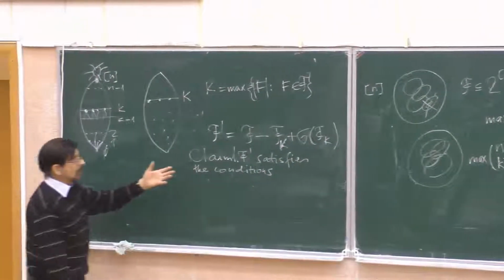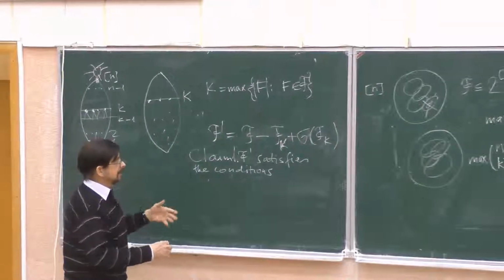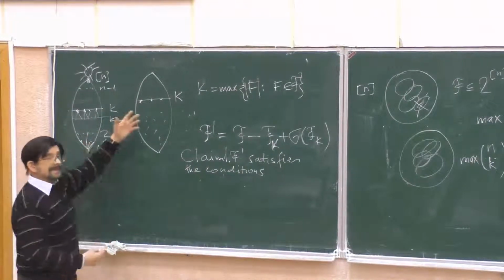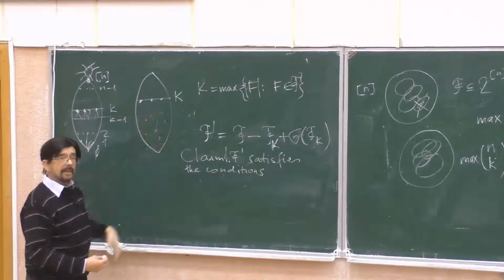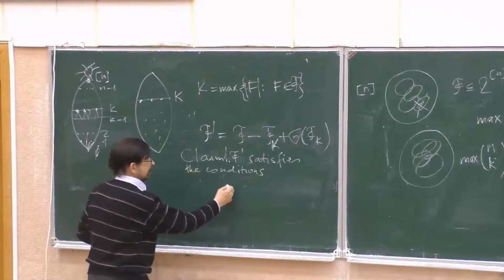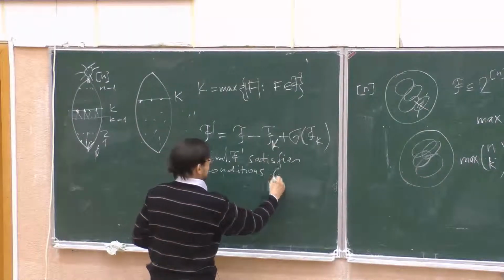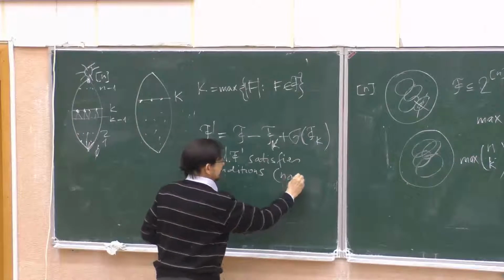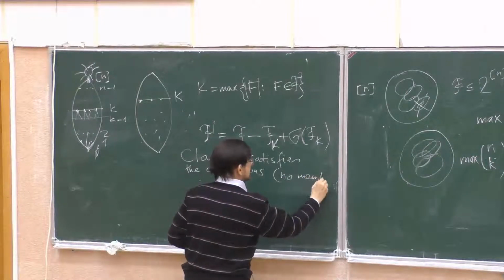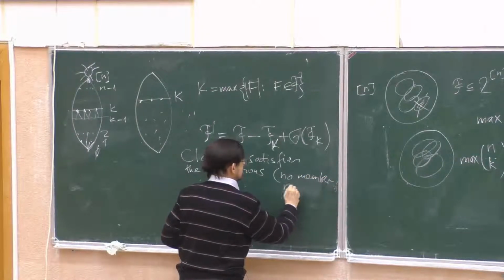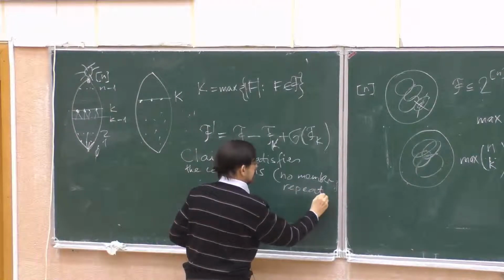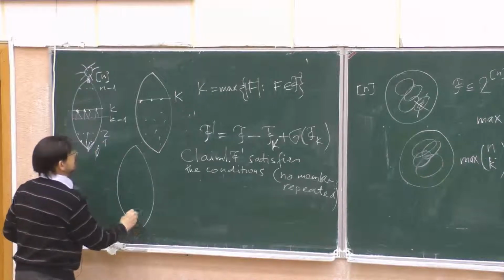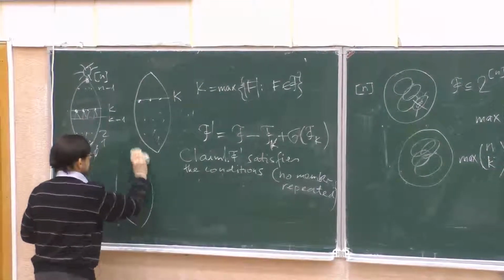First of all, we have to show this trivial thing, that we don't repeat sets this way. No member repeated, which is obvious.